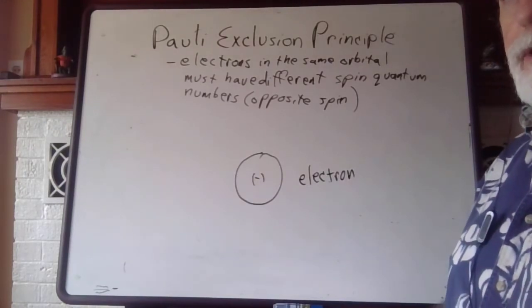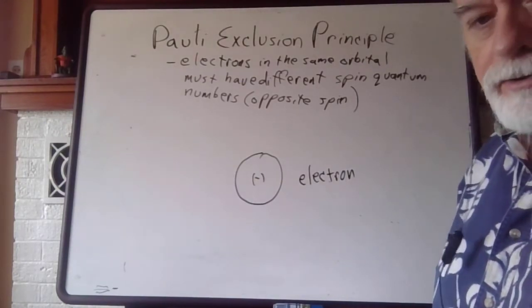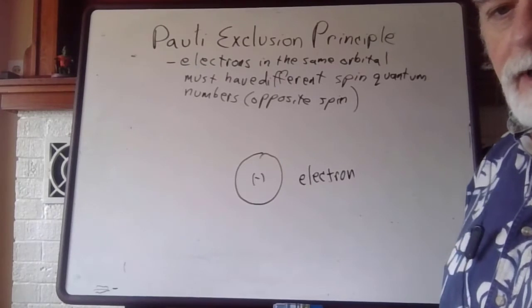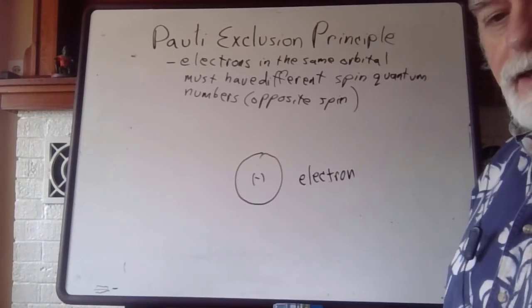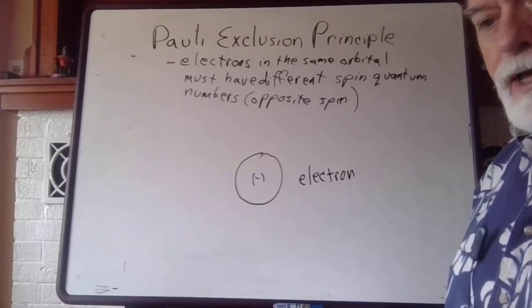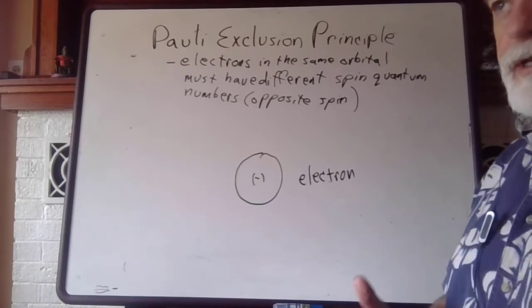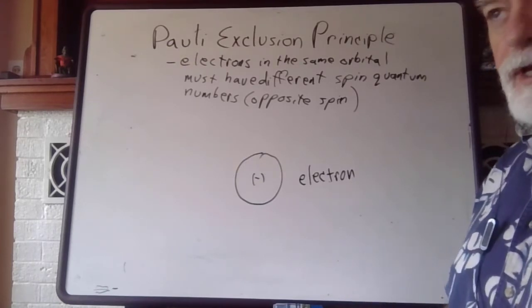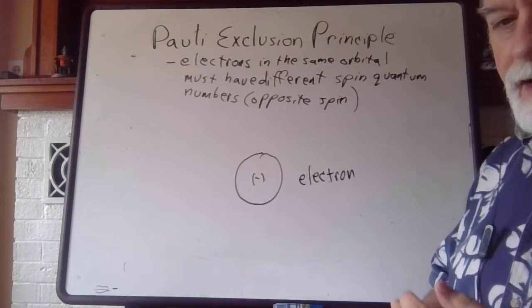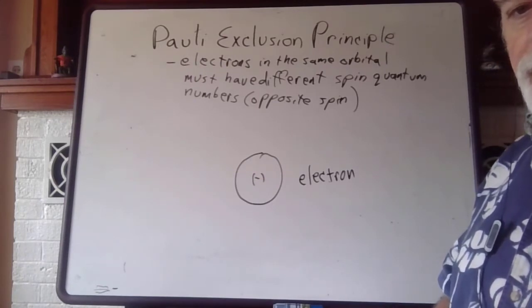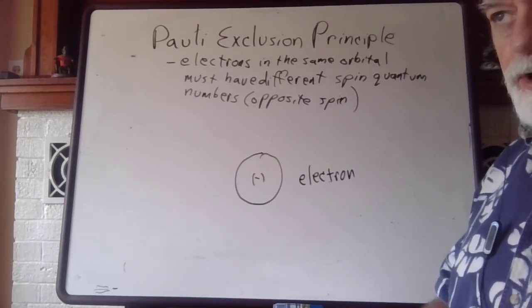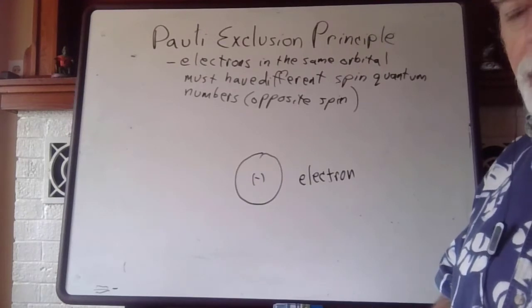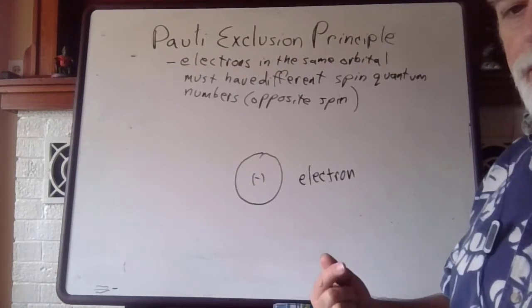It's known experimentally that particles, charged particles like electrons and protons, have a magnetic field around them. And one of the simple ways to think about it and to model that is to imagine that the particle itself with its charge is spinning. Because if it's spinning, that means the charge is in motion.